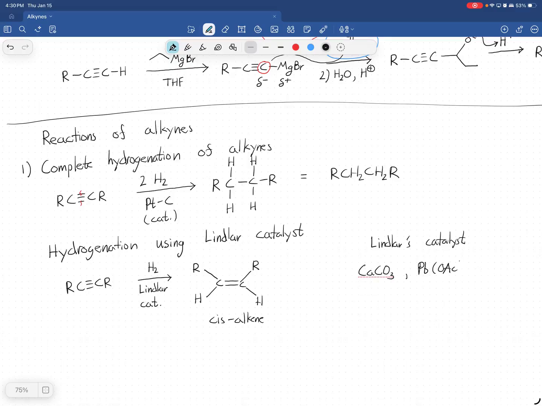So we use OAc to denote acetate, okay? And then the other portion of this is something called quinoline. So quinoline is this molecule. It's an aromatic ring of benzene, and a nitrogen heterocycle.